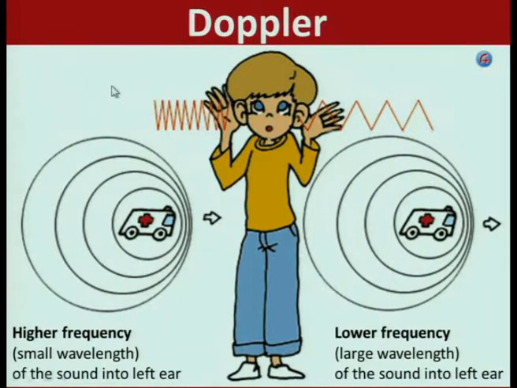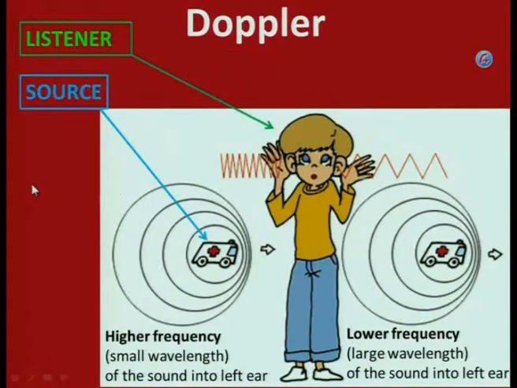So in science, we are not going to talk about the difference in sound anymore, but we are going to talk about the different frequencies. When the car or the ambulance is driving towards you, the frequency is high because the waves are pushed together, lowering the wavelength. When it's driving away from you, the wavelength is bigger and the frequency is then lower.